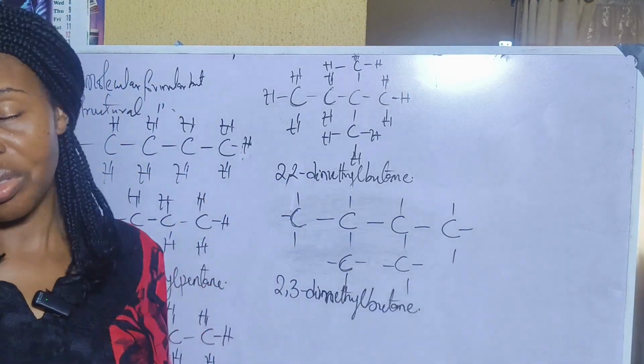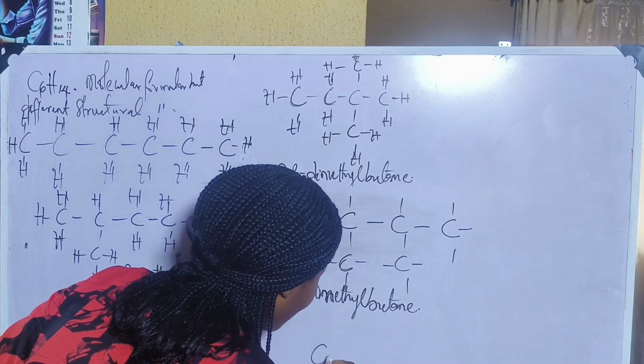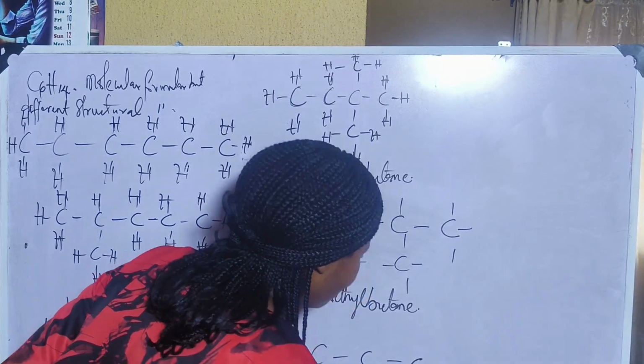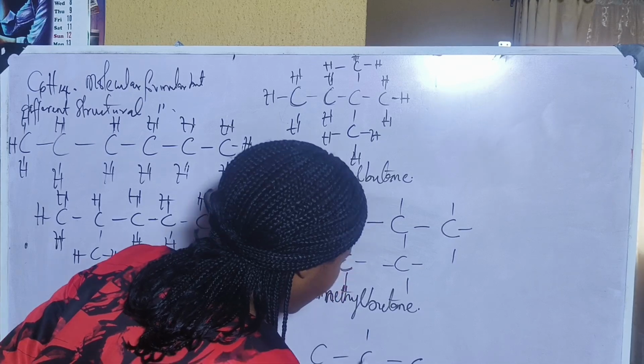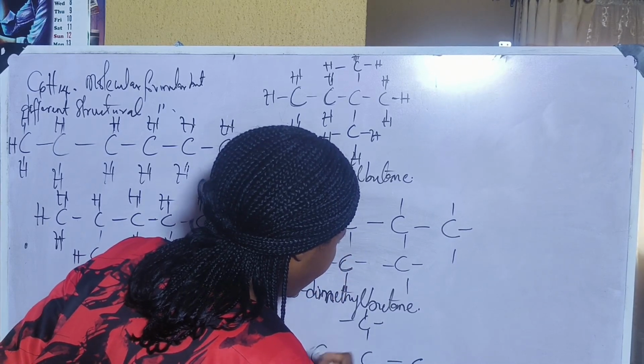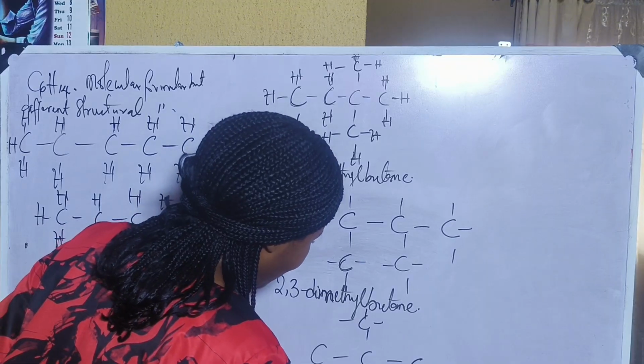If I try to reduce it from 4 to 3, I will still get back what I have gotten before. If you try to make our longest carbon chain 3, place 2 here, then another one here, and the fourth one, where will I place it? I place it here.